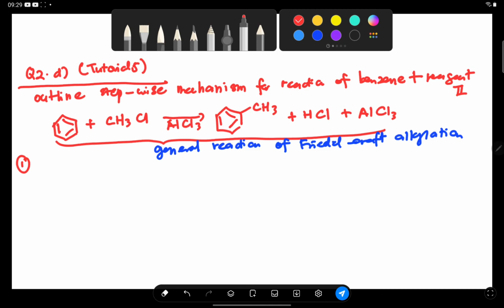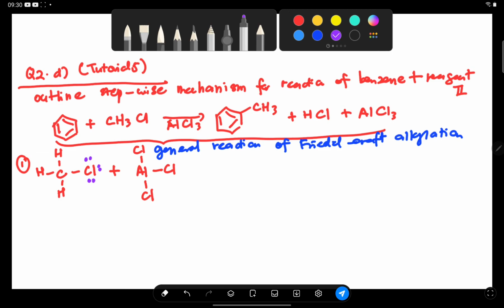Okay, let's see here. This CH3Cl reacts with aluminium trichloride. So what happened here? So it has 2, 4, 6, 8.